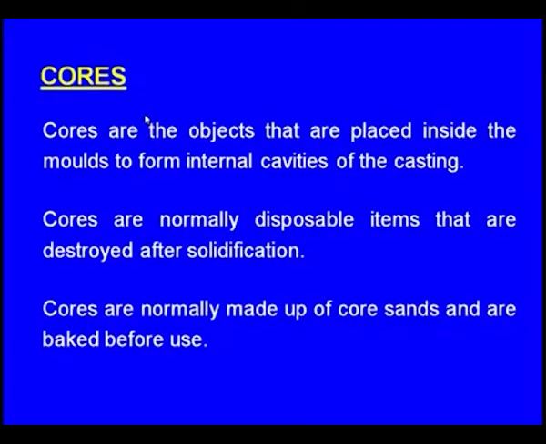What are the cores first of all? Cores are the objects that are placed inside the molds to form internal cavities of the casting. Suppose inside a casting we want a hollow cavity or a recess, we have to prevent the molten metal from occupying that particular region.